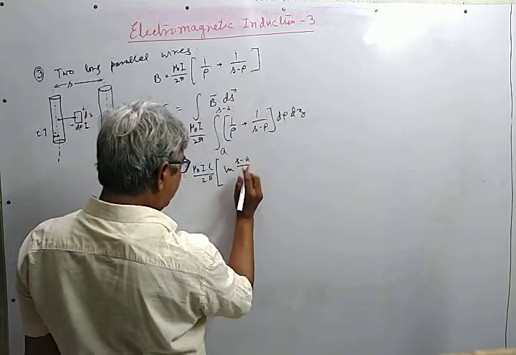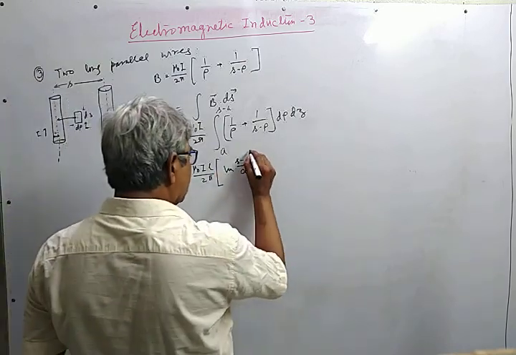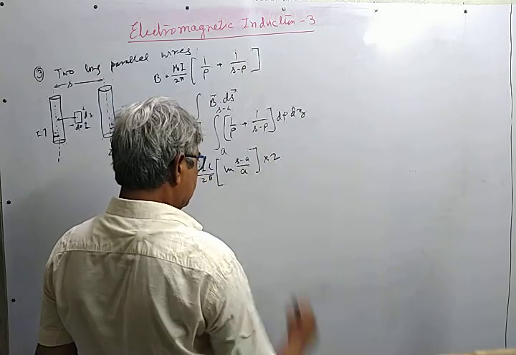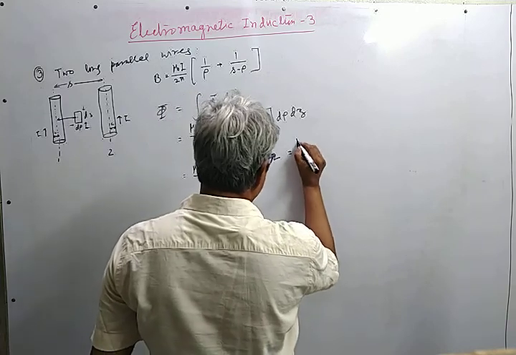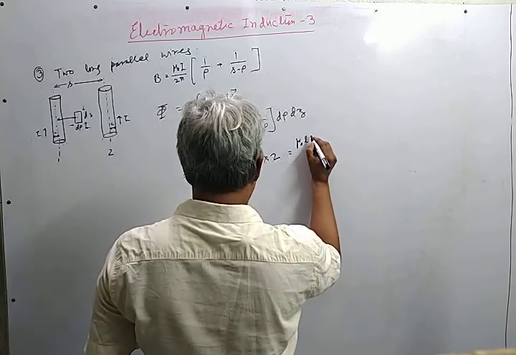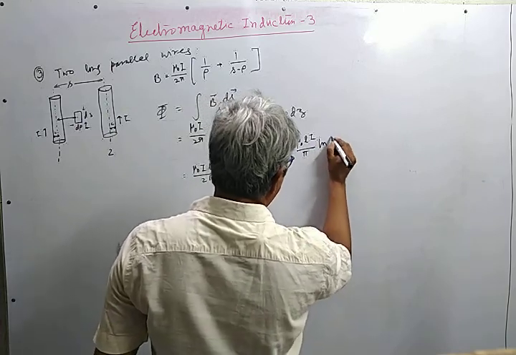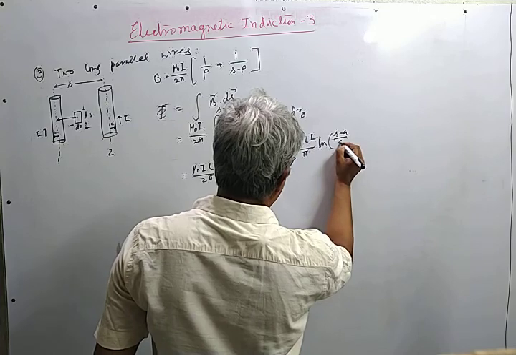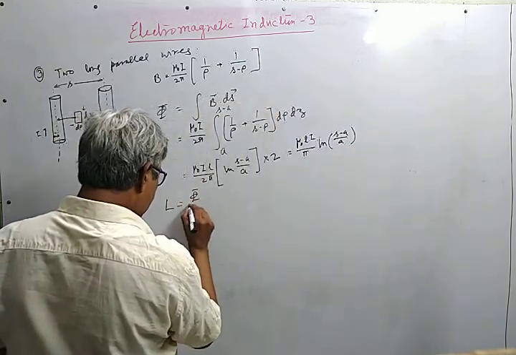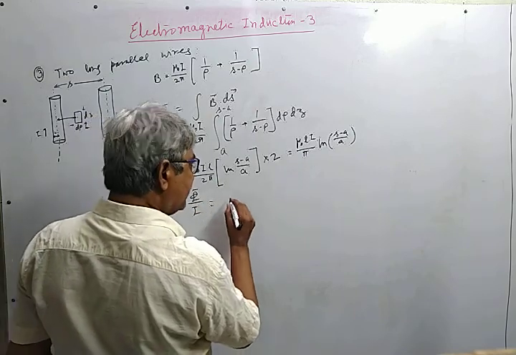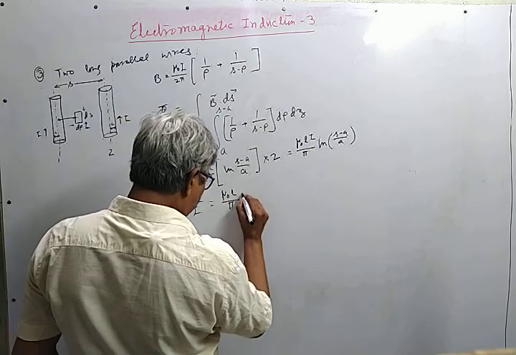This part is also the same, so we just multiply it by 2. So the flux linked with it is mu 0 L I by pi log of S minus a by a, and the inductance phi by I is equal to mu 0 L by pi log of S minus a by a.